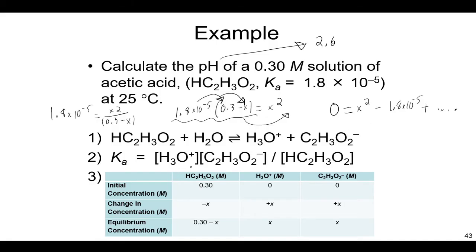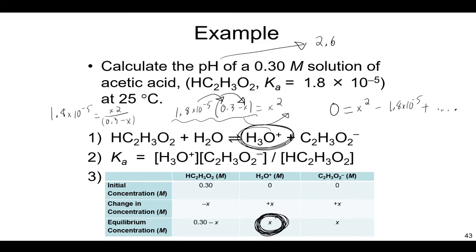The trick is we've seen for strong acids a complete dissociation of the acid into making a bunch of H3O plus. But for weak acids, this is quite small. So this X is quite a small number because weak acids don't dissociate much and don't create much H3O plus.